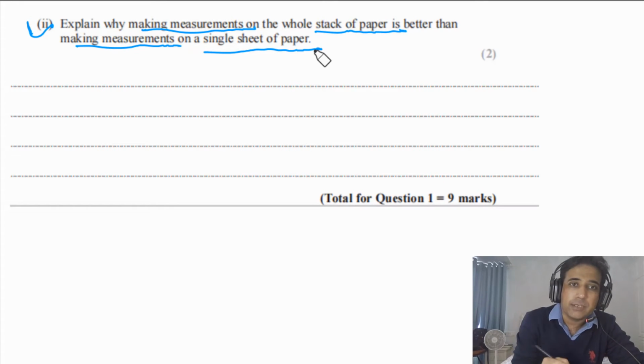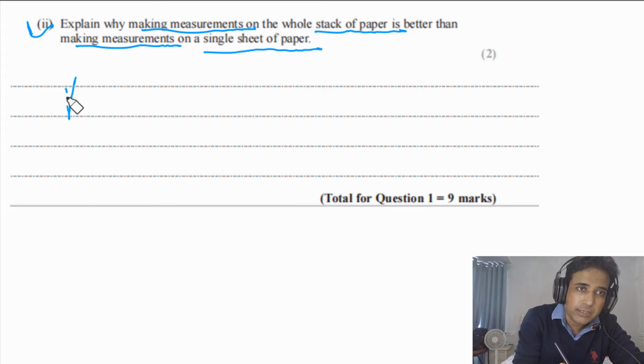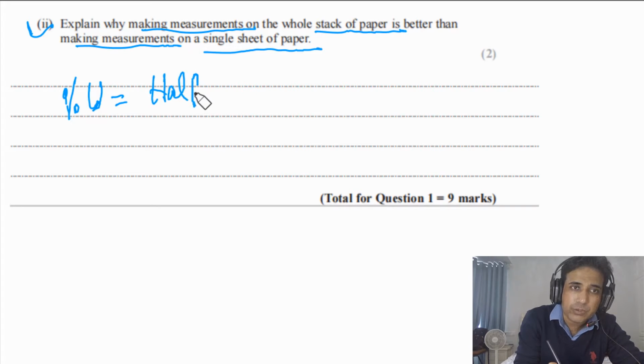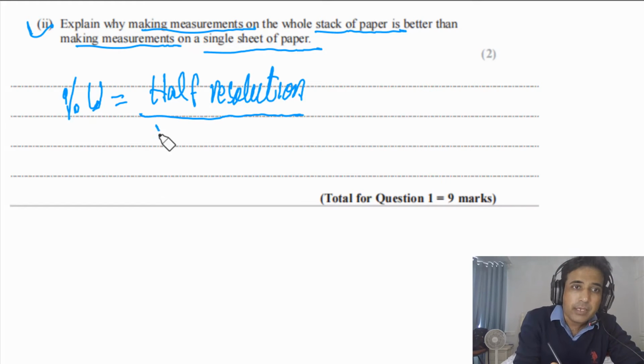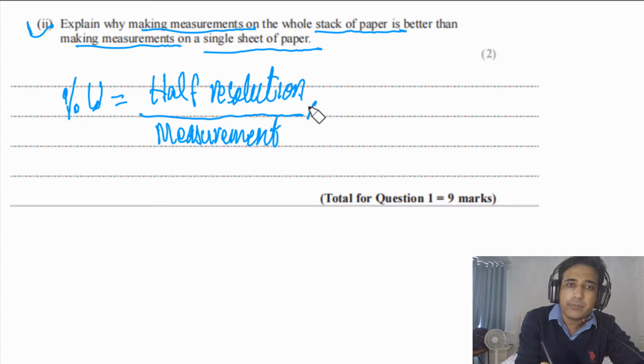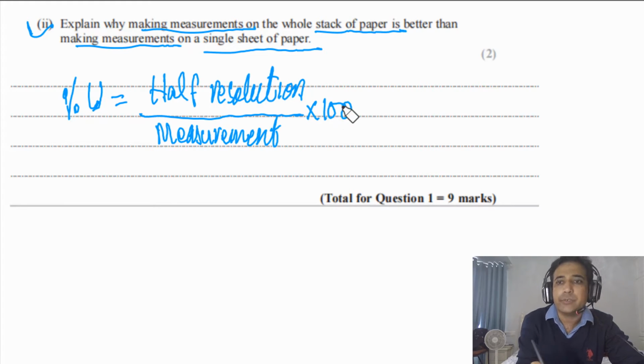Let's try to understand that with the help of percentage uncertainty. So we need to understand percentage uncertainty. This will be equal to half resolution of instrument. We have discussed this point at the beginning, and now we will discuss again this point to answer this question. Half resolution divided by the measurement, and we have to multiply this by 100.